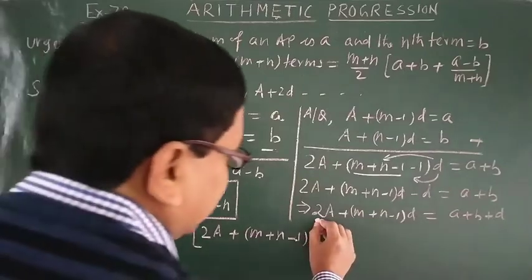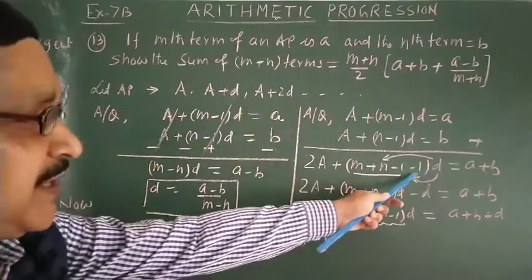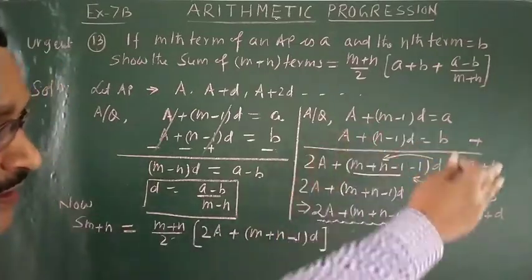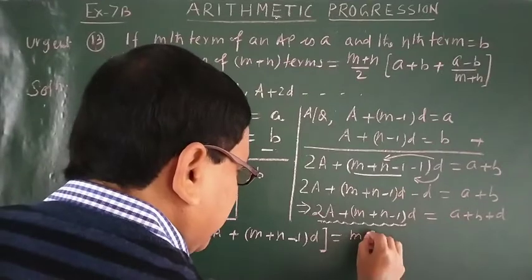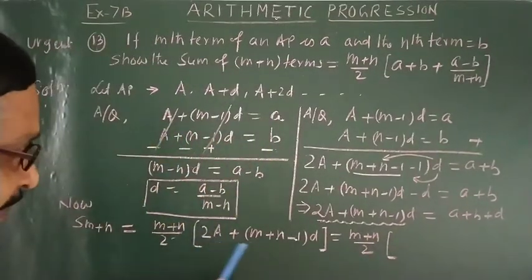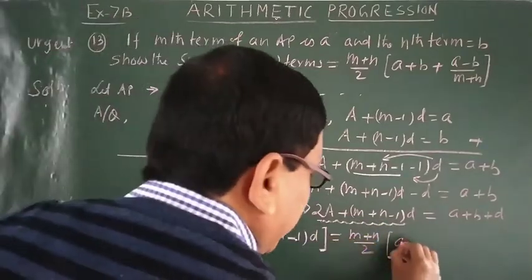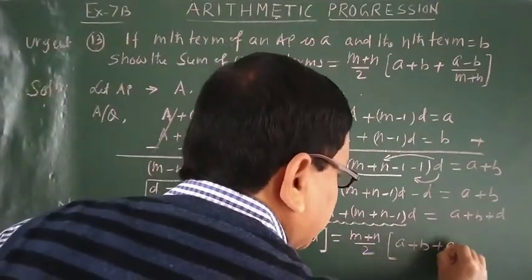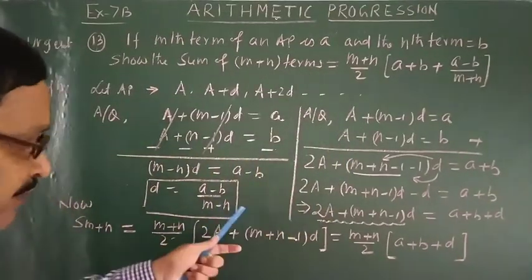The whole thing is ready to us. That's why I separated this minus 1 and sent it to the right side. So this is (m plus n) by 2. Now putting the value of 2A plus (m plus n minus 1)d from equation 1, it becomes a plus b plus d. And the value of d you will substitute from here.